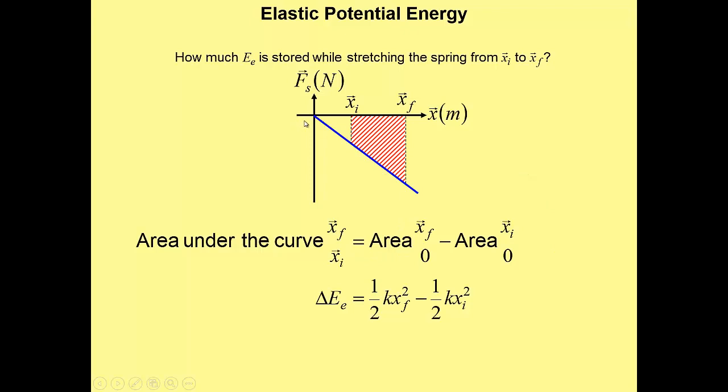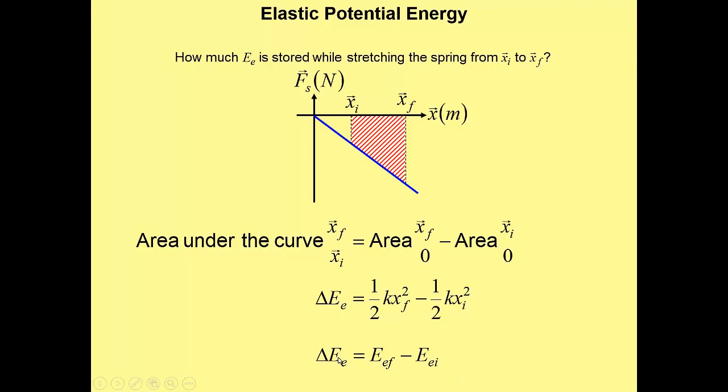So the area from 0 to xf, the big triangle, is 1/2 k xf squared. And the area of the little triangle is just 1/2 k xi squared. If we subtract those, we find how much the elastic potential energy has changed in stretching it. And really, this is just final minus initial elastic potential energies.